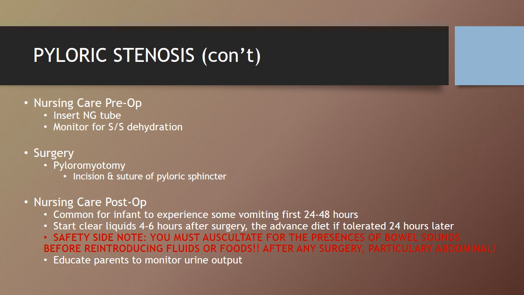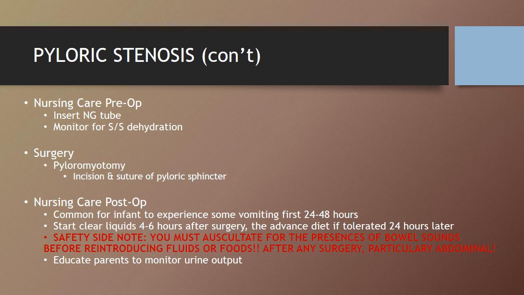So if you start giving them foods or liquids before you hear bowel sounds, then you're going to possibly give them an ileus, because remember, that's where you don't have any peristalsis, and stool and things of that nature can get obstructed because you don't have any peristalsis going on in your bowels.